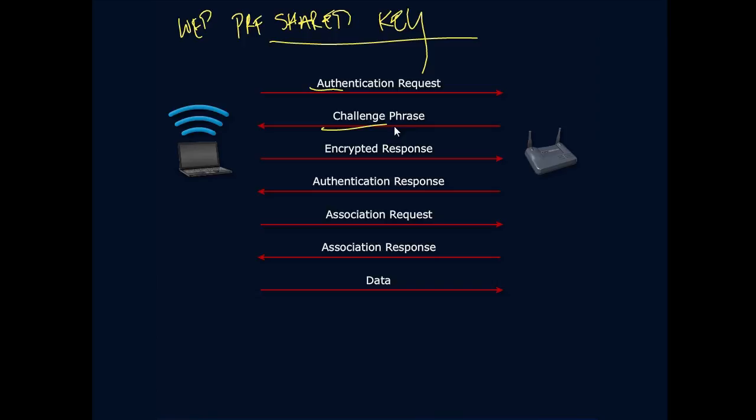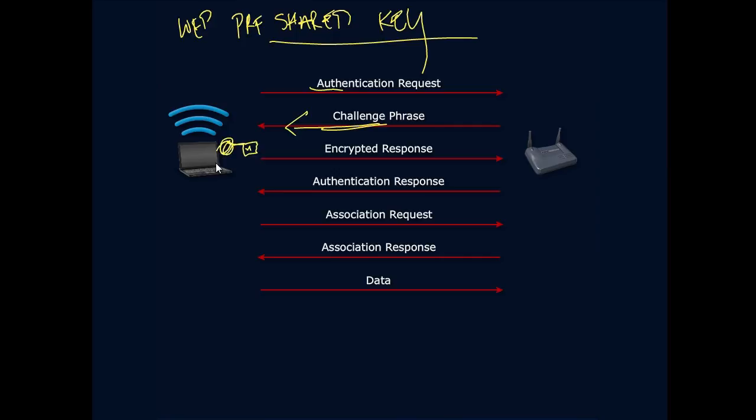With a shared key in a WEP infrastructure, what we're going to send out next is the AP is going to send out a challenge phrase. This challenge phrase is basically challenging the client. We need a key. Do you have the key? Then using the key, well, that's a horrible looking key, but that's what that is.